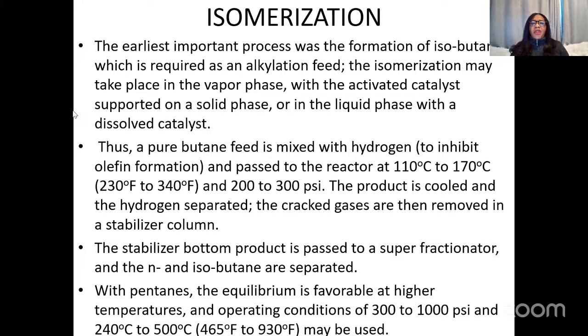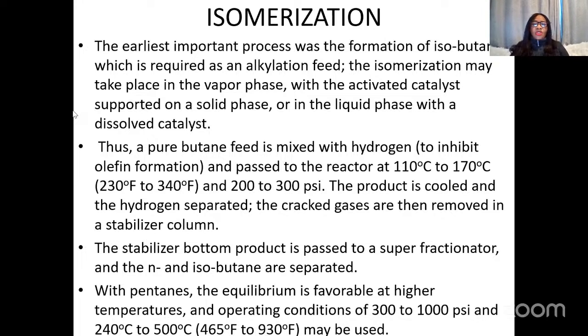So a pure butane feed is mixed with hydrogen to inhibit olefin formation as a side reaction. It is passed to the reactor at a temperature of between 110 and 170 degrees centigrade at a pressure of 200 to 300 pounds per square inch.